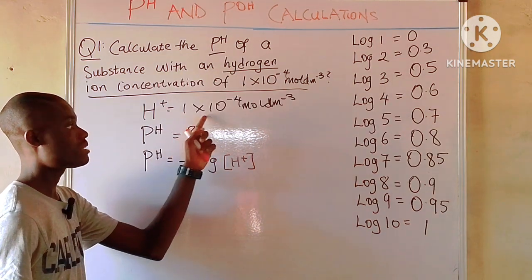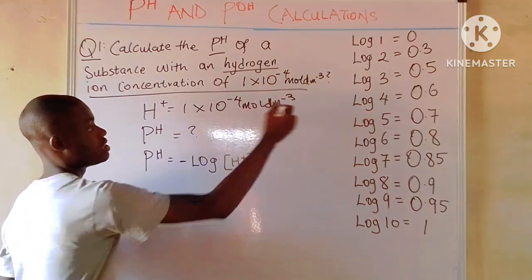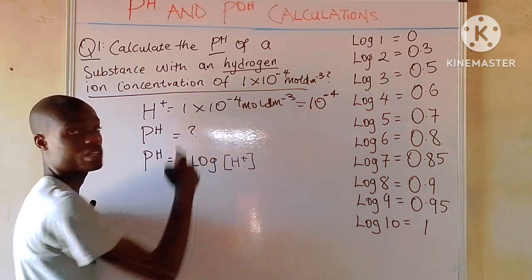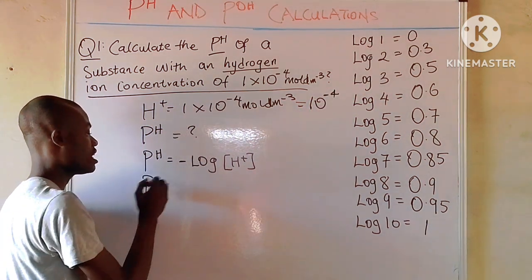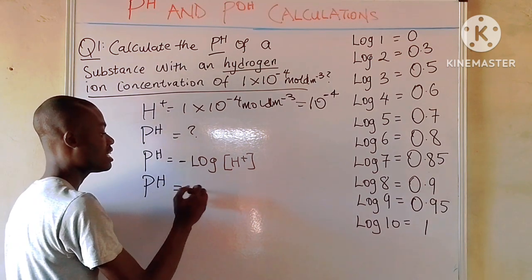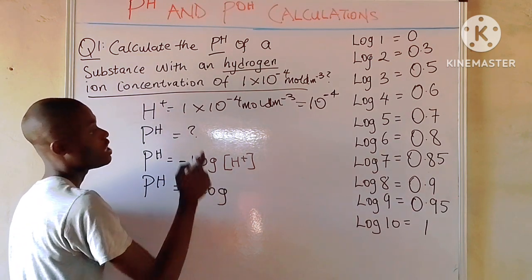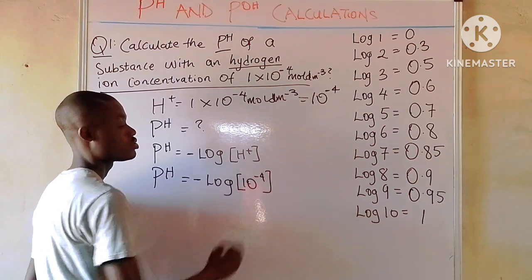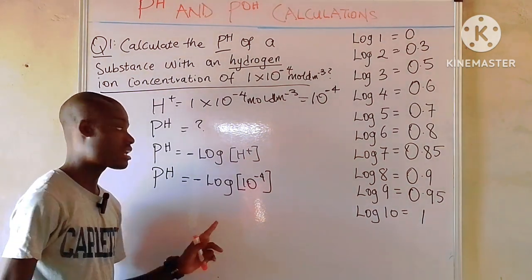So we can write 1 times 10 to the power of minus 4 as 10 raised to the power of minus 4, because anything times 1 is that same thing. So therefore the pH is equal to negative logarithm. Our hydrogen ion concentration is the same thing as 10 raised to the power of minus 4. So in your exam, how can you solve this without a calculator?